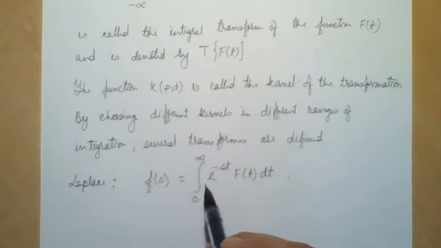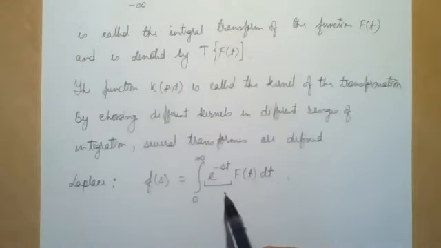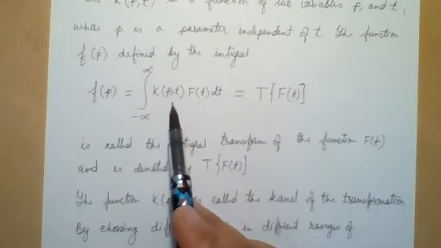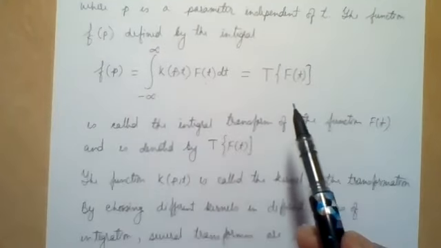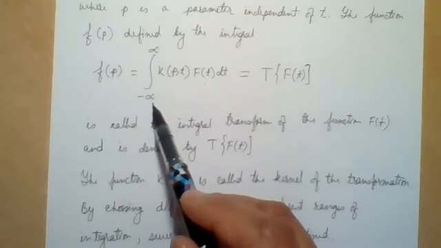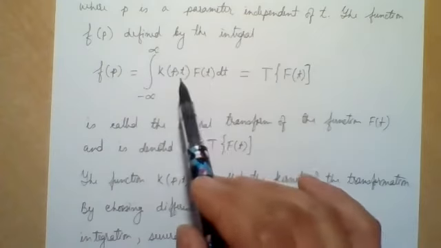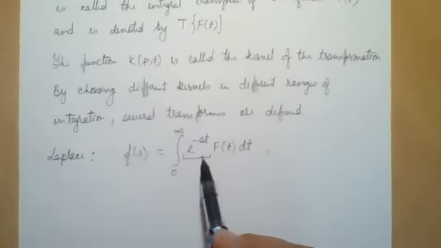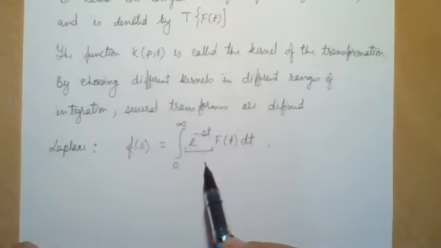The kernel here is e to the power minus st when t is greater than 0, and for values of t less than 0, the kernel is 0. So the kernel is defined for values of t from minus infinity to plus infinity. For the Laplace transform, for values of t from minus infinity to 0, the kernel is 0, and for values of t from 0 to infinity, the kernel is e to the power minus st. So this is the Laplace transform.